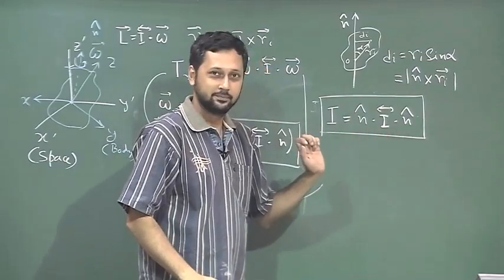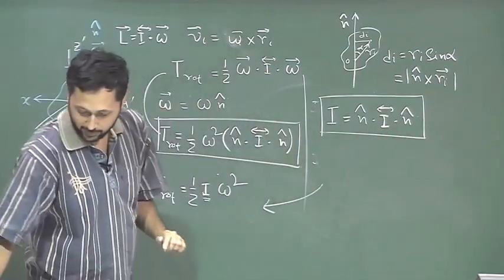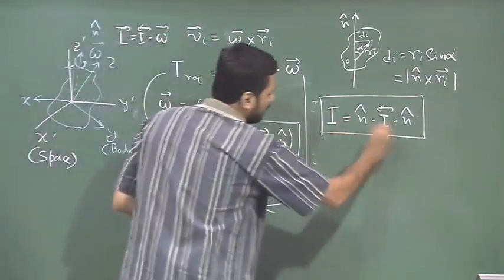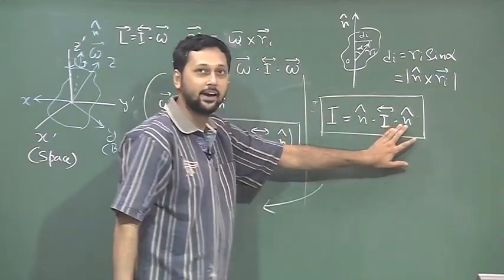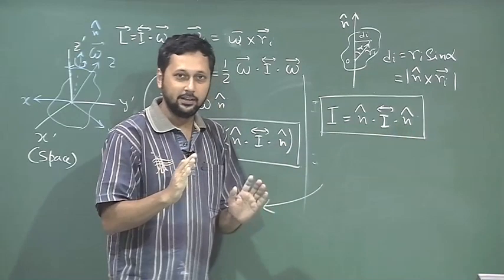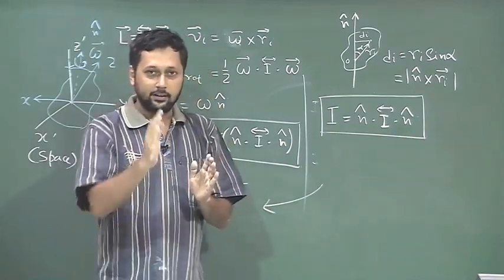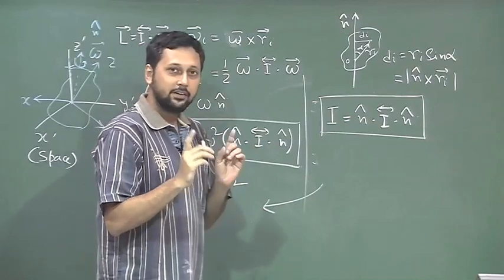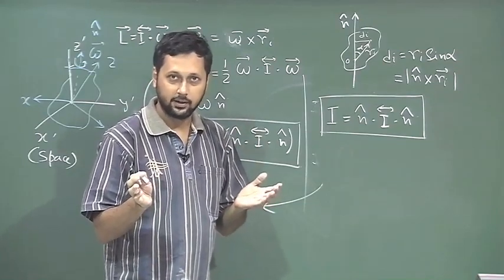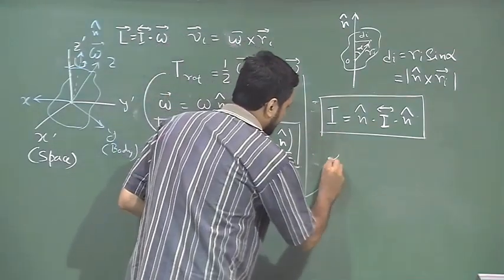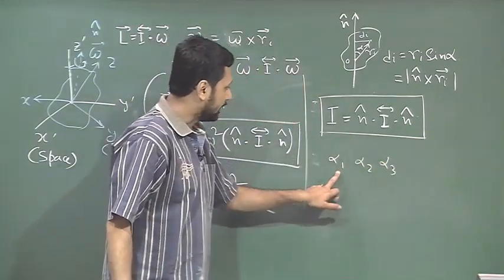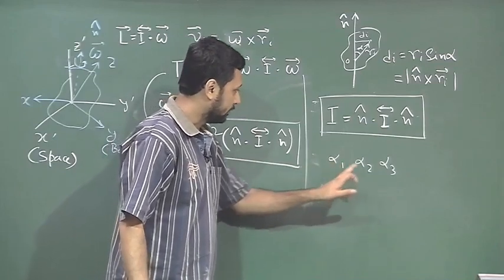Okay. Now, if you look in terms of the matrix operation, see what is n cap? N cap is a direction vector. It gives you a unit vector in some specific direction. Typically, a unit vector in some particular direction is represented by a system of direction cosines, right. We are all familiar with the concept of direction cosine. So, we write three angles alpha 1, alpha 2, alpha 3, which are direction cosines with respect to some fixed x, y and z.